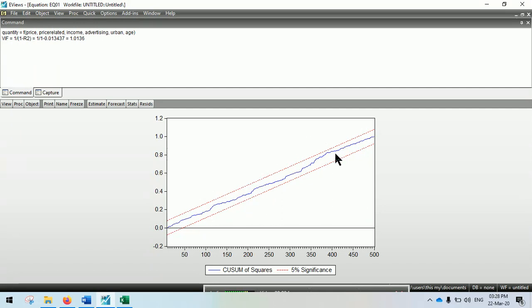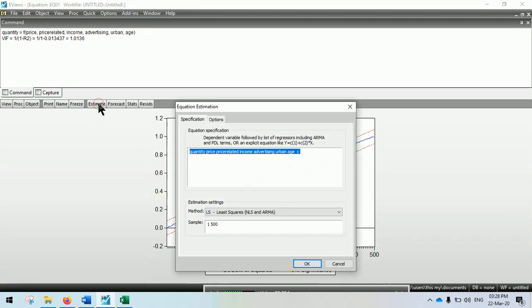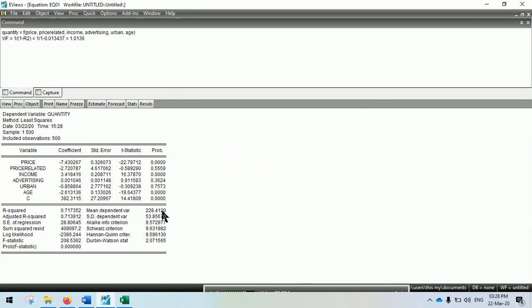If it is over, that means there is a problem with that particular period. Since there is no problem in the diagnostic tests, I go back to estimate and put OK. This is the original model and it is the final model, nothing is changed here.